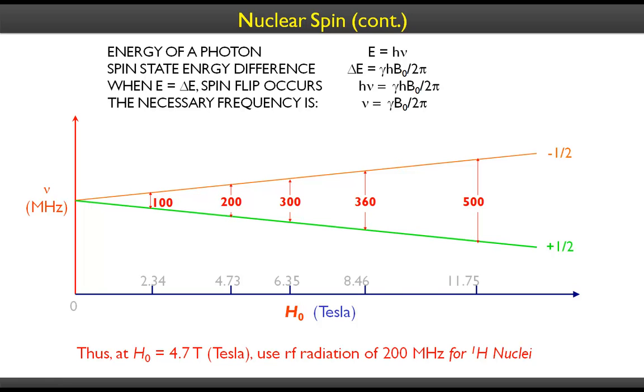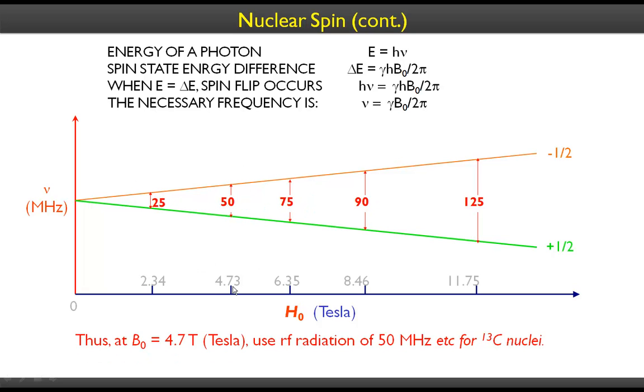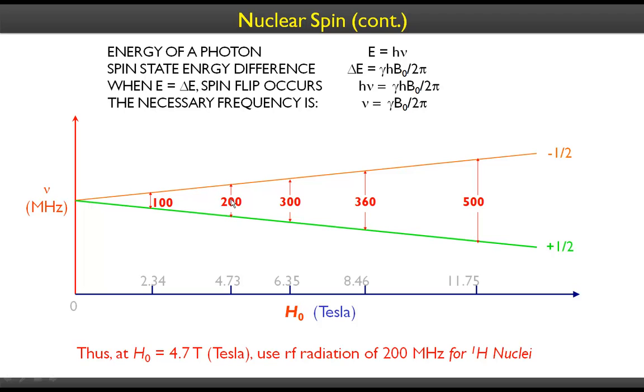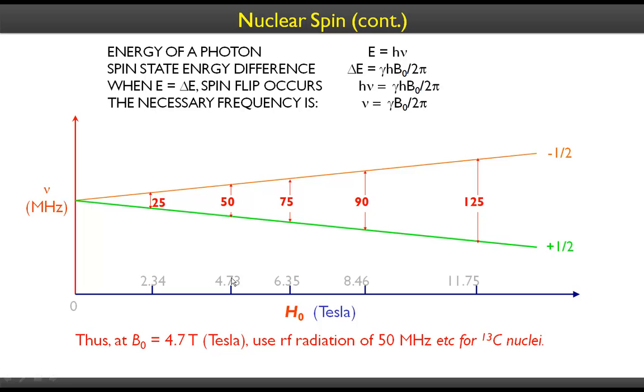Okay, so 4.73 Tesla would induce a difference that could be matched by a radio frequency of 50 megahertz. The same magnetic power would induce a higher energy difference in case of hydrogen nuclei between the two spin states, and for carbon it would be a smaller level.